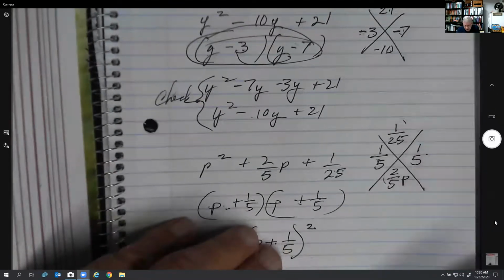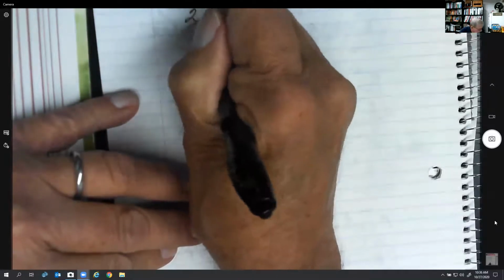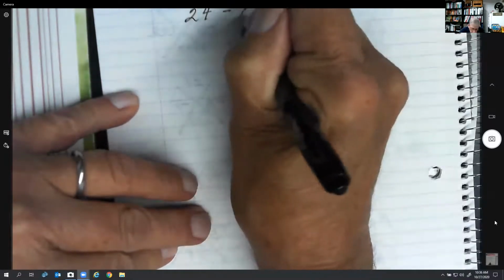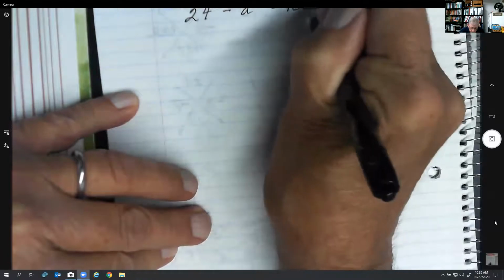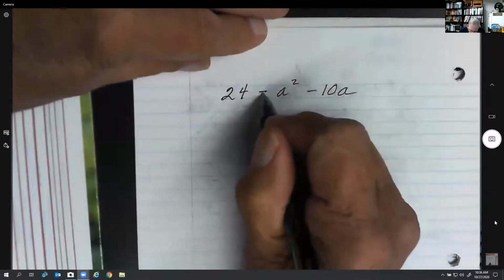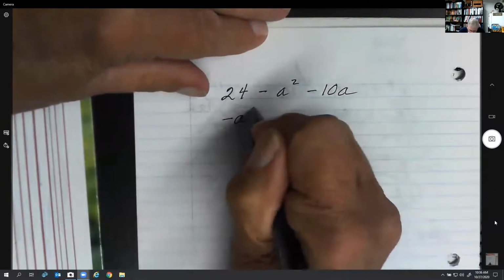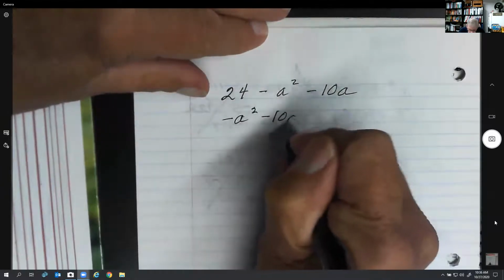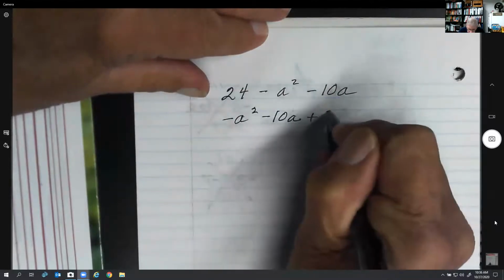All right, let me do something that might be a little bit harder. Let's try this one. Okay, so to do this particular problem, we first want them in descending order. So we're going to rearrange these terms. We're going to keep the same signs.